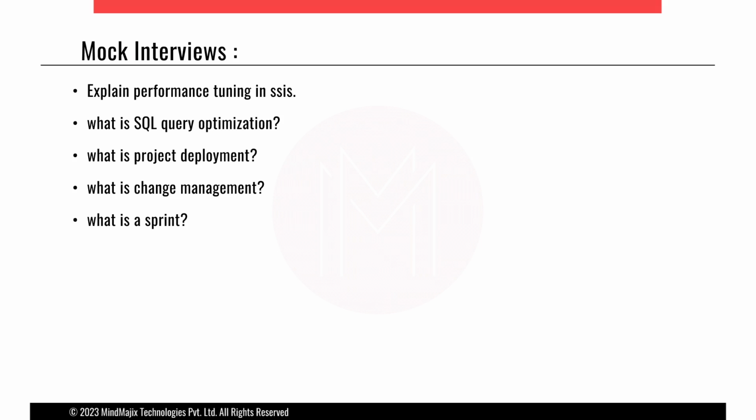Change management is a requirement given by the client to change something as per the business rules. A change is created for it by the release team with a change number, and after all approvals, it will go live. And what is a sprint? A sprint is a planning tool. It will be 15 days to 30 days, depending on the project, and we have all goals set.